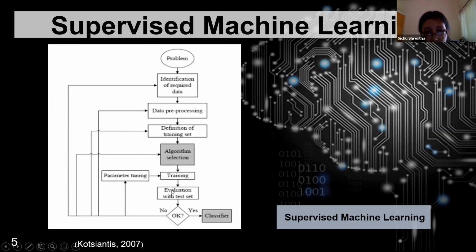If the model performs well based on various evaluation criteria, then the model is used for classification, prediction, clustering, etc. If it does not provide an optimum result, then it is trained again and evaluated again. So this is a continuous process.